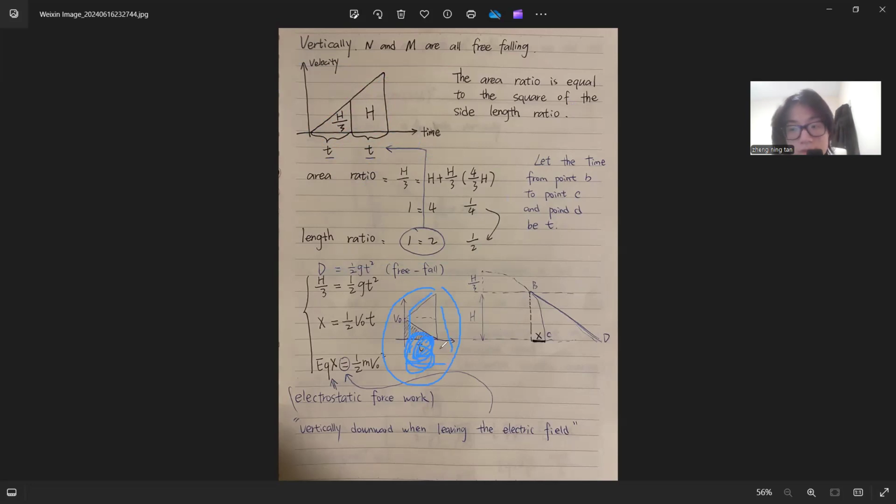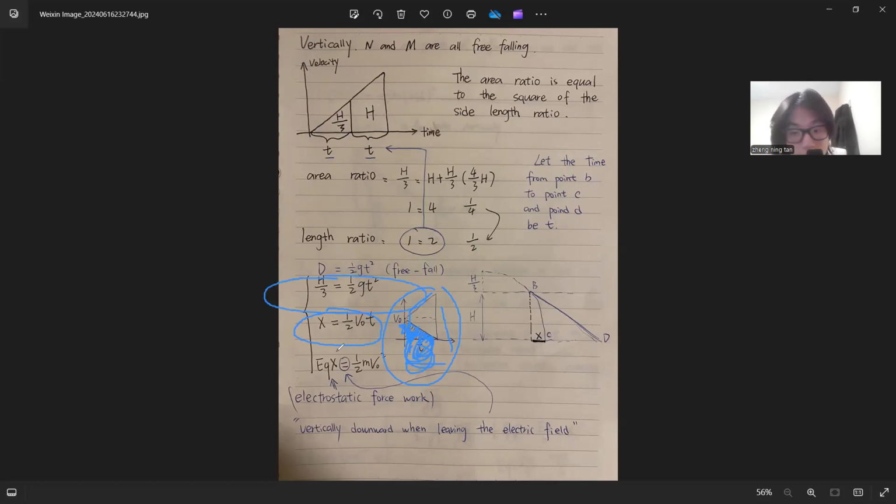So for example, in the second formula here, what I can actually do is find the area of this. So I just use the formula for calculating a triangle's area. The first equation is the distance of free fall.